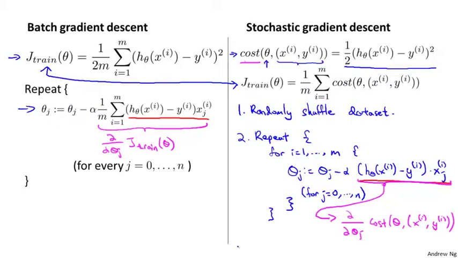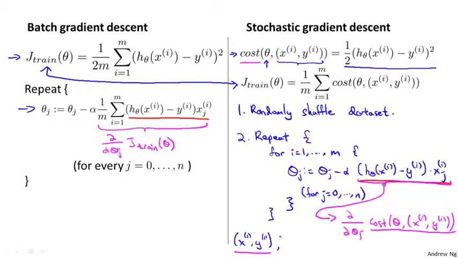So what stochastic gradient descent is doing is scanning through the training examples. First it looks at my first training example (x^1, y^1), and looking at only this first example, it takes a little gradient descent step with respect to the cost of just this first training example. In other words, it modifies the parameters a little bit to fit just the first training example a little bit better.